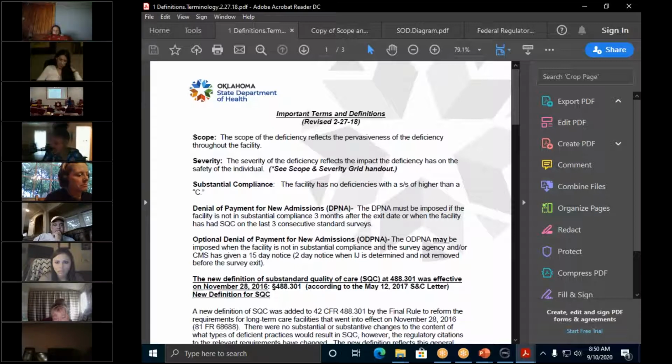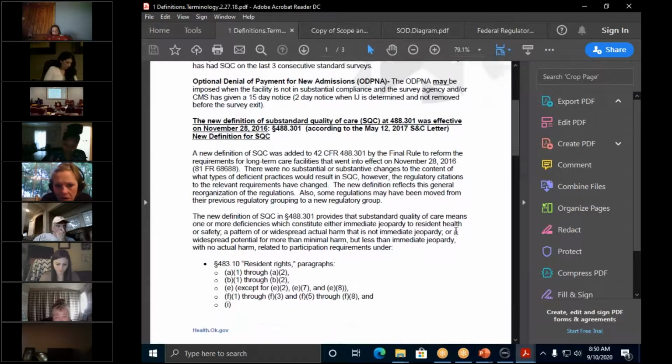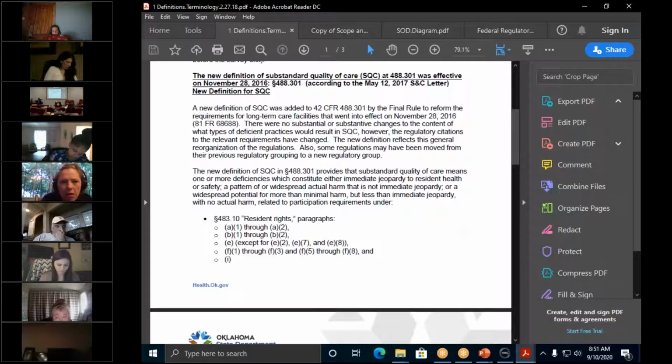now the definition of substandard quality of care. Let me see if I can roll this down. There's a new definition put into place in 2016. It's still considered new because there were a lot of people that have been administrators and working in this field for years and years and years.